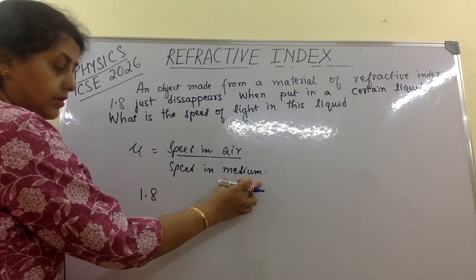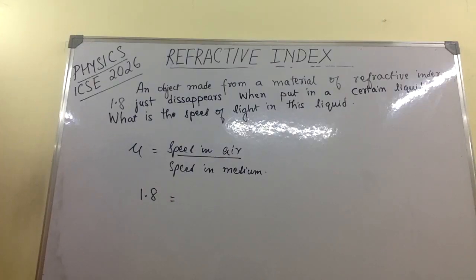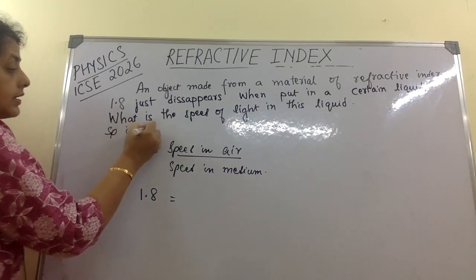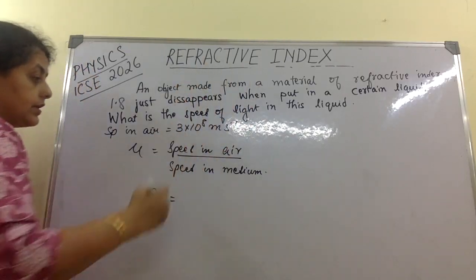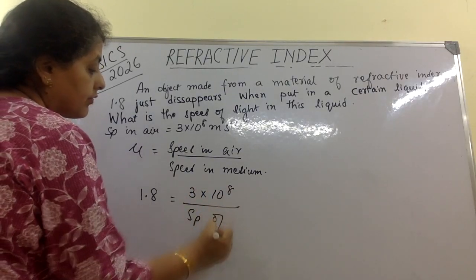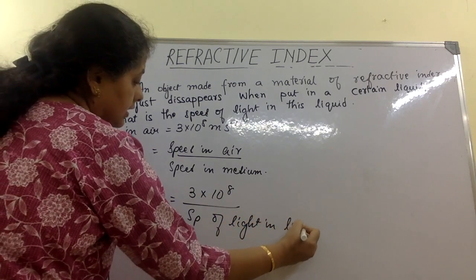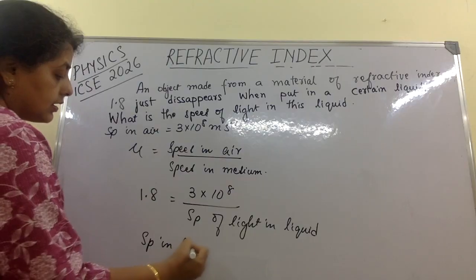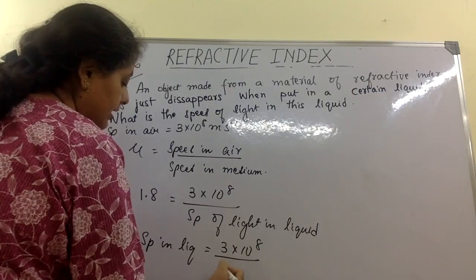Here they want that liquid. Speed in air is given as 3 into 10 to the power 8 meters per second. I forgot to write this. So the speed of light in the liquid is equal to how much? 3 into 10 to the power 8 by 1.8.